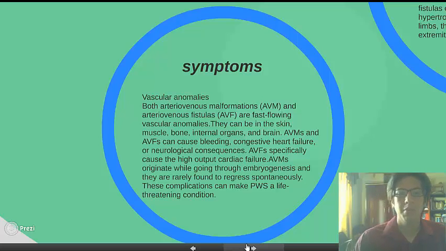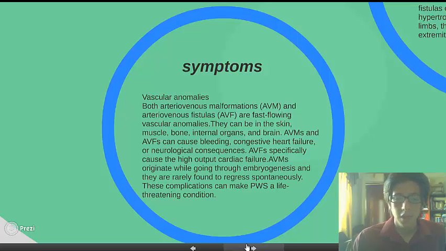Vascular anomalies. Both arteriovenous malformations and arteriovenous fistulas are fast-flowing vascular anomalies. They can be in the skin, muscle, bone, internal organs, and brain. Arteriovenous malformations and arteriovenous fistulas can cause bleeding, congestive heart failure, or neurological consequences.